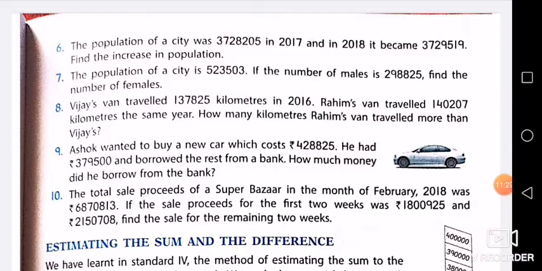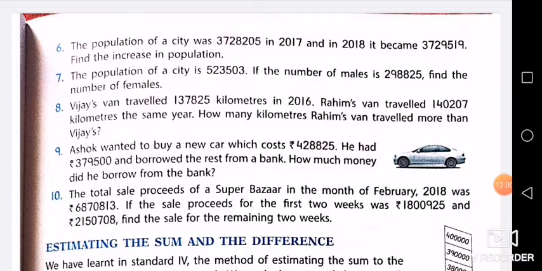If the number of males is 2,98,825, find the number of females. That is also easy. The number of males has been given and the population of the city is given. You have to find the number of females. Out of 5,23,503, you will subtract 2,98,825. Subtraction I have told you. How will you do it? Subtraction.